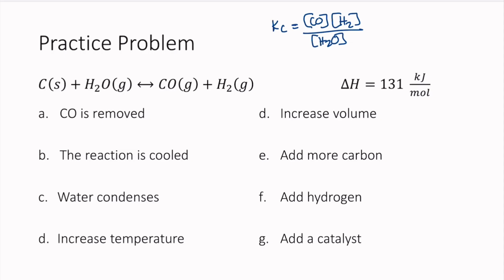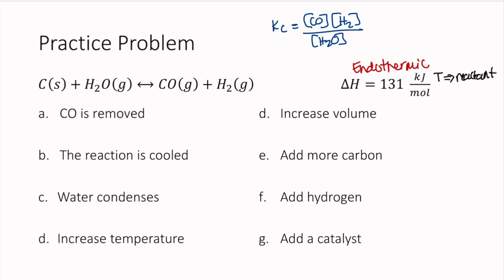Remember, carbon is a solid, so we do not include it in our Kc expression because it doesn't have a concentration. The other thing that I like to make note of is my delta H is positive. So that tells me that this is an endothermic reaction. So T is acting as a reactant.